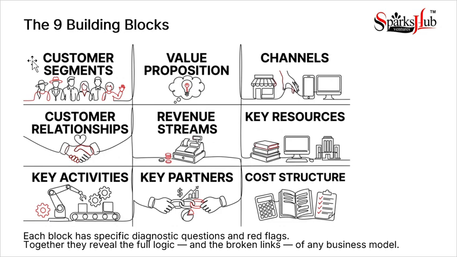Then the ninth block is the cost structure, which answers the question, what are the major costs? In your review, note that there are fixed costs and variable costs. So you compare them and know which occurs more and which can be managed or reduced.